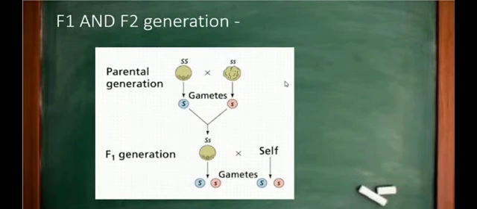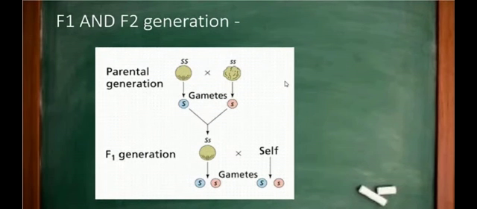And this F1 generation, capital S small s, will give us another set of gametes. This is the selfing generation. F1 generation is the selfing generation.